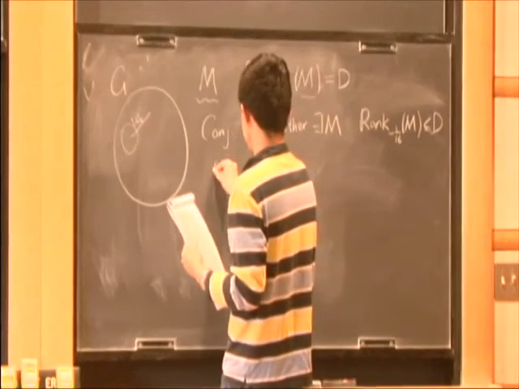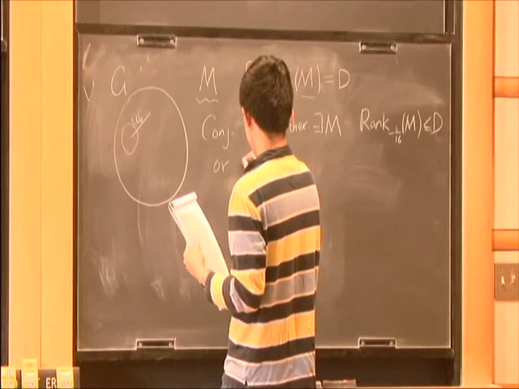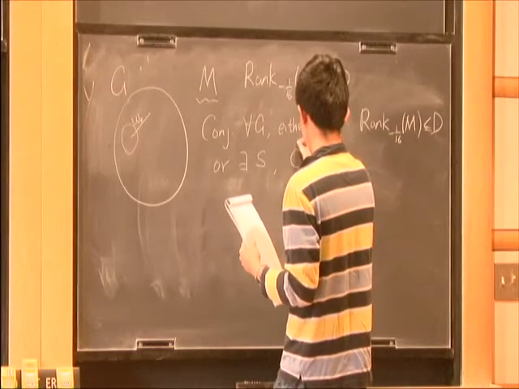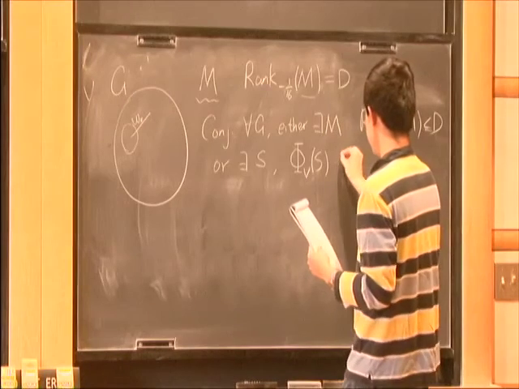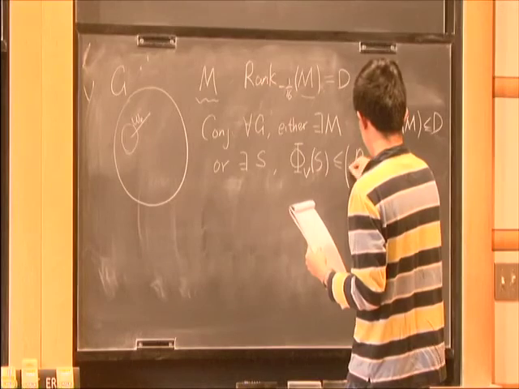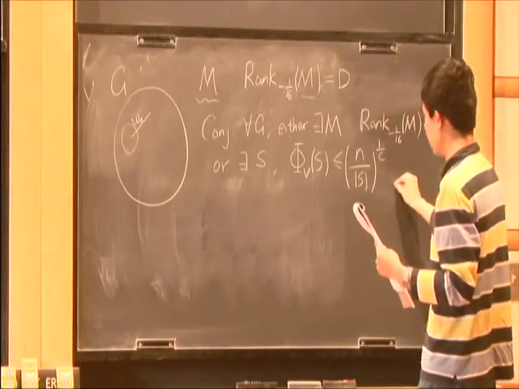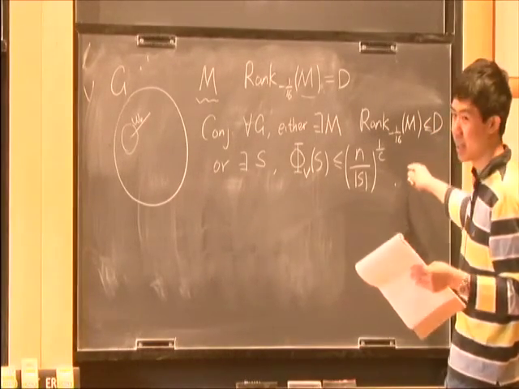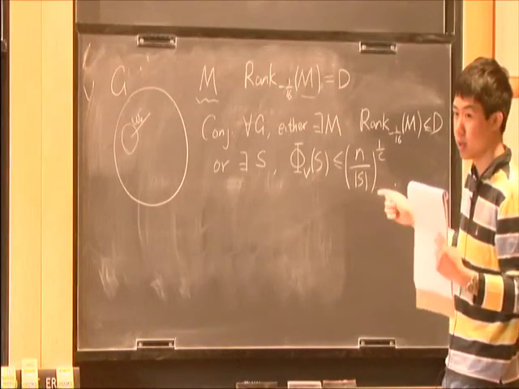Or there exists a set S such that the vertex expansion of S is at most n over size of S to the 1 minus C. Here we generally think of D as some n to the epsilon and C as a constant.